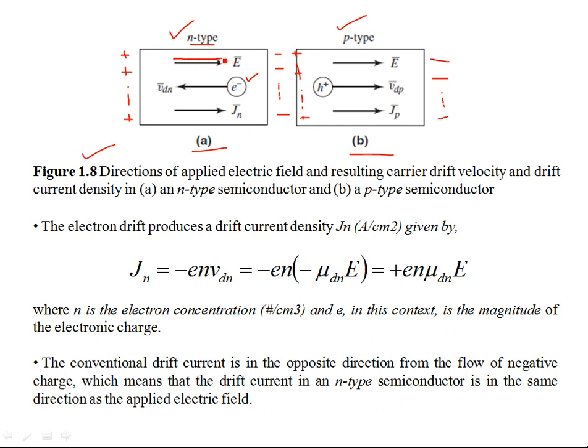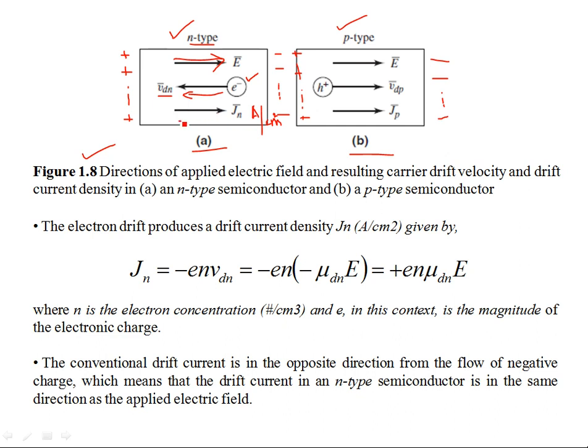The E field is directed towards the right, but due to the negative charge, the electron experiences a force towards the positive plate. This is the drift velocity of the charges, and the drift current density is given in amps per centimeter squared. Conventionally, the conventional current, if you recall, is taken as opposite to the flow of electrons.